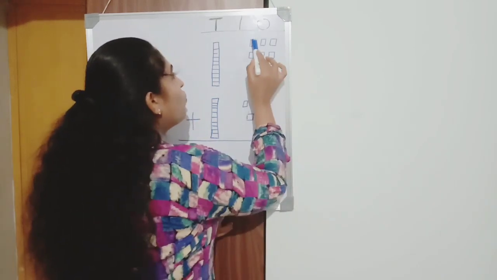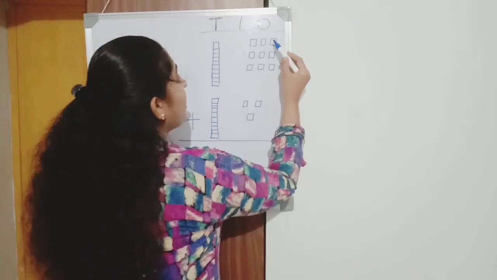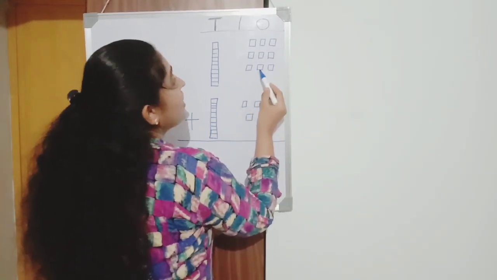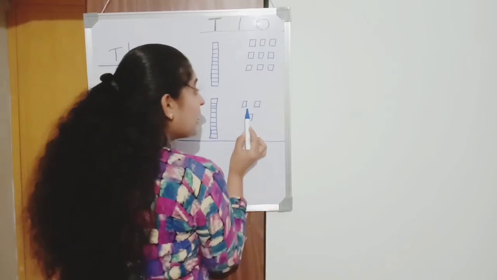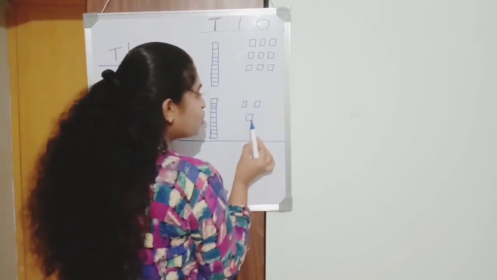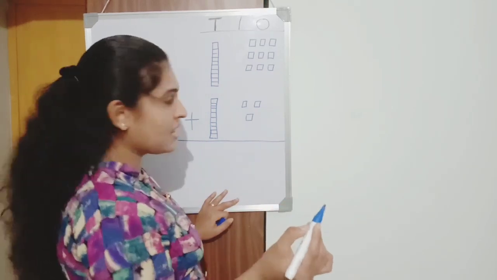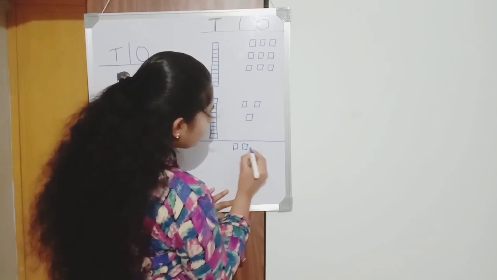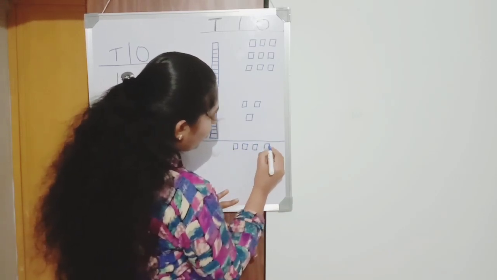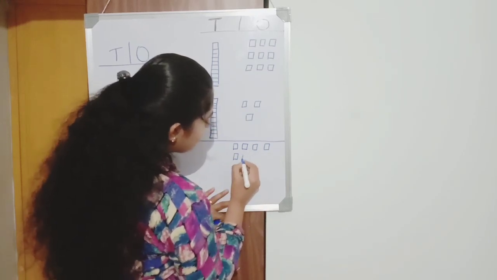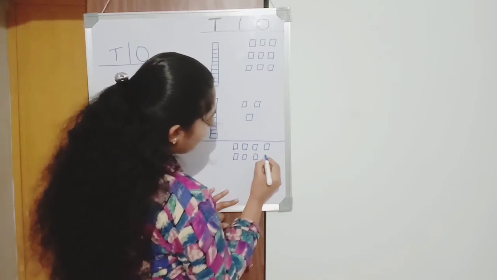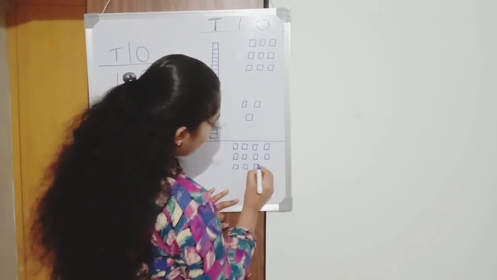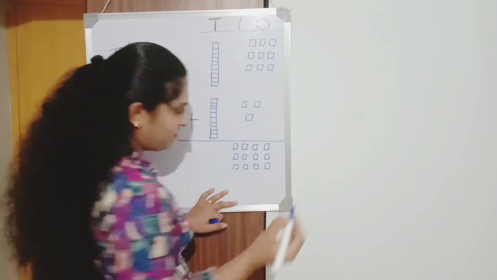Let's count. 1, 2, 3, 4, 5, 6, 7, 8, 9, 10, 11, 12. 12 ones are there. Let's draw 12 ones.